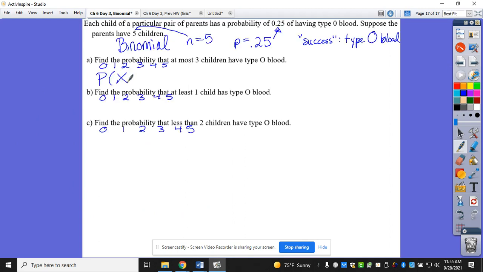Just the inequality symbol, what does at most look like? Just an inequality symbol, what does at least look like? Greater than or equal to?